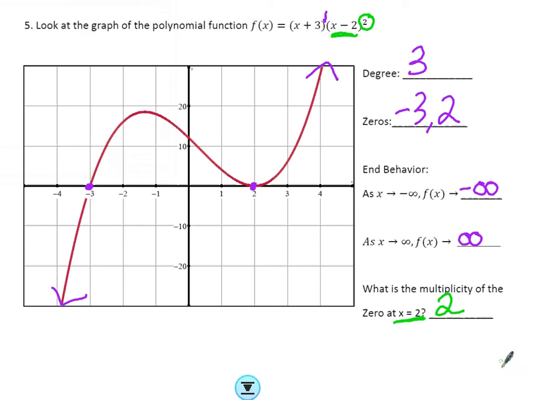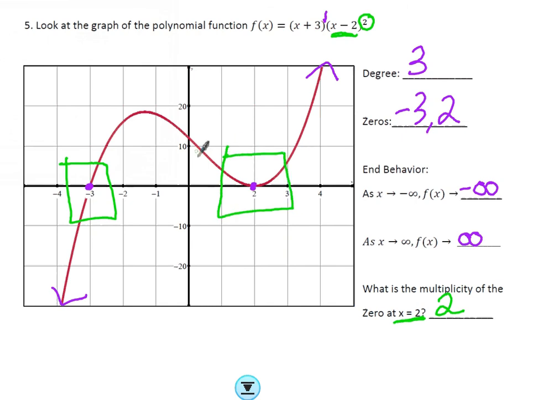Now, one of the things that I want to talk about in our next problem, since we're talking about graphing, is I'm just going to give you a little preview here. When you have a multiplicity of 1, it's going to look exactly the way that it looks here. It's going to sort of go straight through that x-intercept. When it has an exponent of 2, a multiplicity of 2, it looks like this.